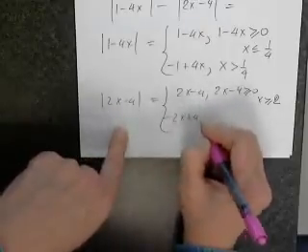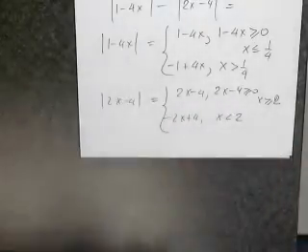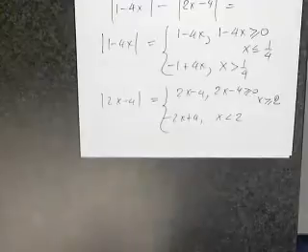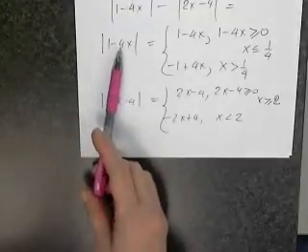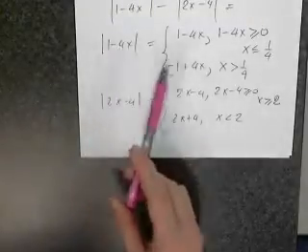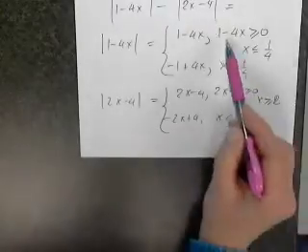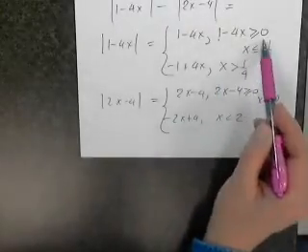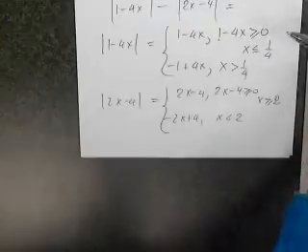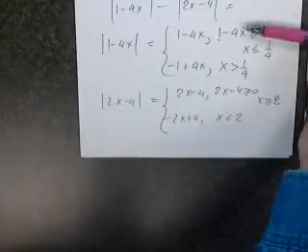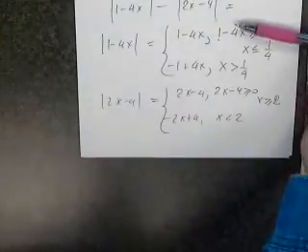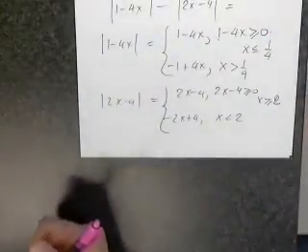Negative 2x plus 4 for x less than 2. But be careful with the one that is twisted, in the sense that it has a negative leading coefficient. Do not assume. Write it first, look at it, and say, oh, okay, I have to move 4x to this side, and when I look from this side, I have 4x less than or equal to 1, or x less than or equal to 1/4.